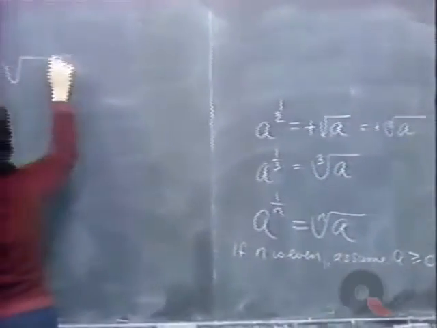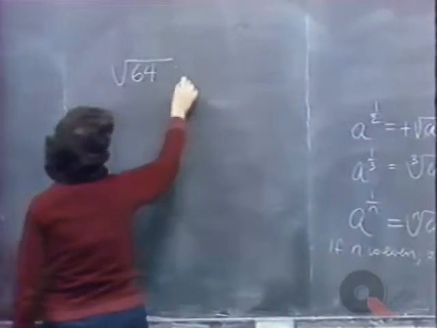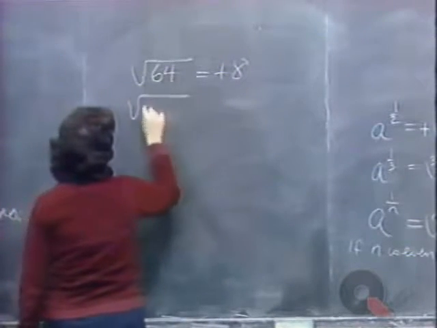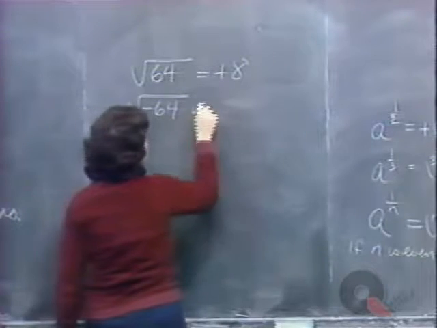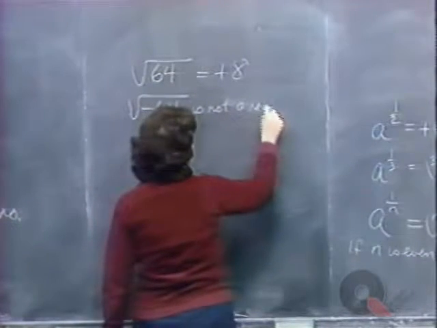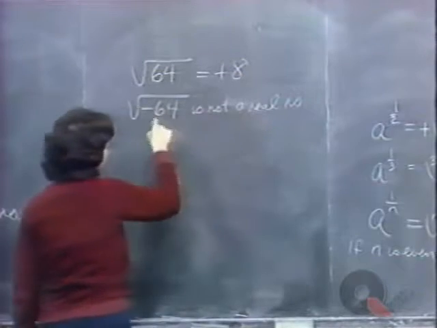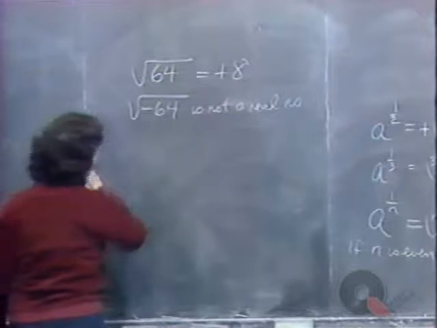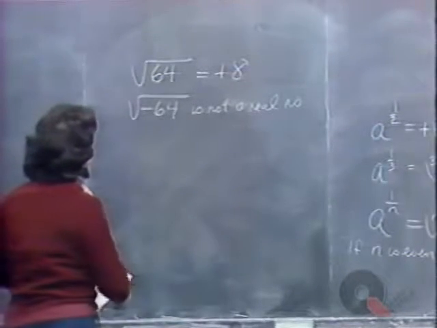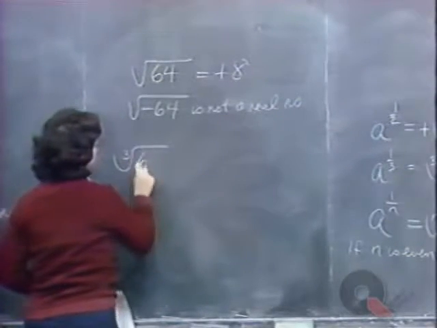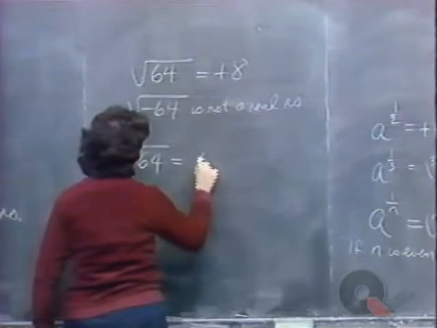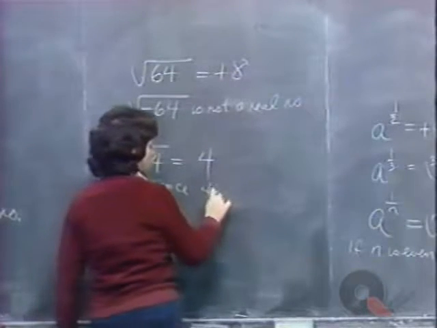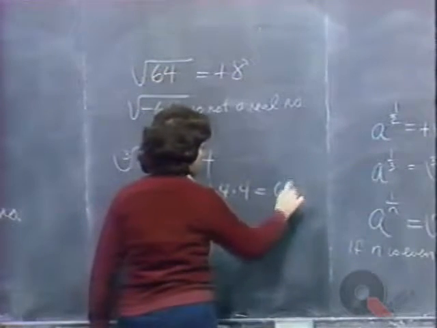The square root of 64, meaning the positive square root of 64, is plus 8. The square root of minus 64 is not a real number. There is no number which, when multiplied by itself twice, gives you minus 64. On the other hand, the cube root of 64 is 4, since 4 times 4 times 4 is 64.